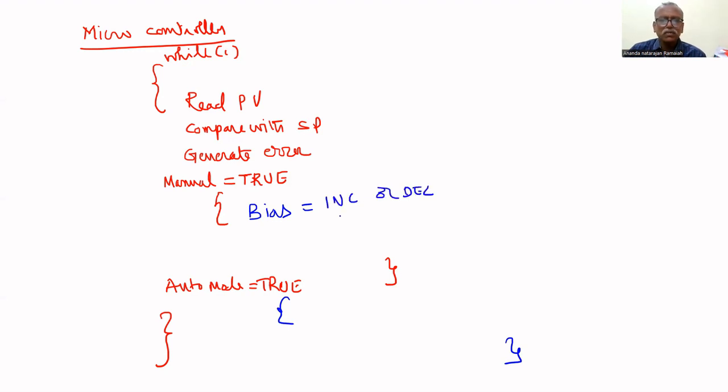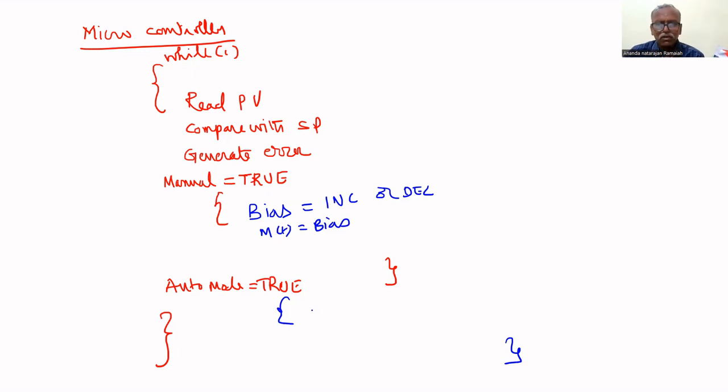We have to write logic so that the output, suppose it is an 8-bit DAC, the value will be varied between 0 to 255. 16-bit means it will be varied between 0 to 64,000 values for this bias. For that an algorithm will be there. Therefore, the controller output M of t equals bias. That's all. In manual mode, this part will be executed.